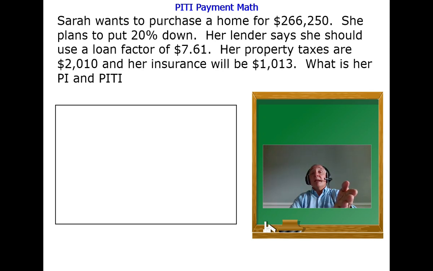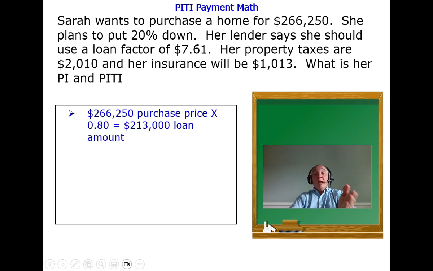So now Sarah, $266,250. Remember, she is putting down 20%. That means that you're going to multiply 266,250 times 0.80. All right, and that's going to give you her loan amount. All right, so her loan amount is $213,000, which, go back to the last problem, $213,000.